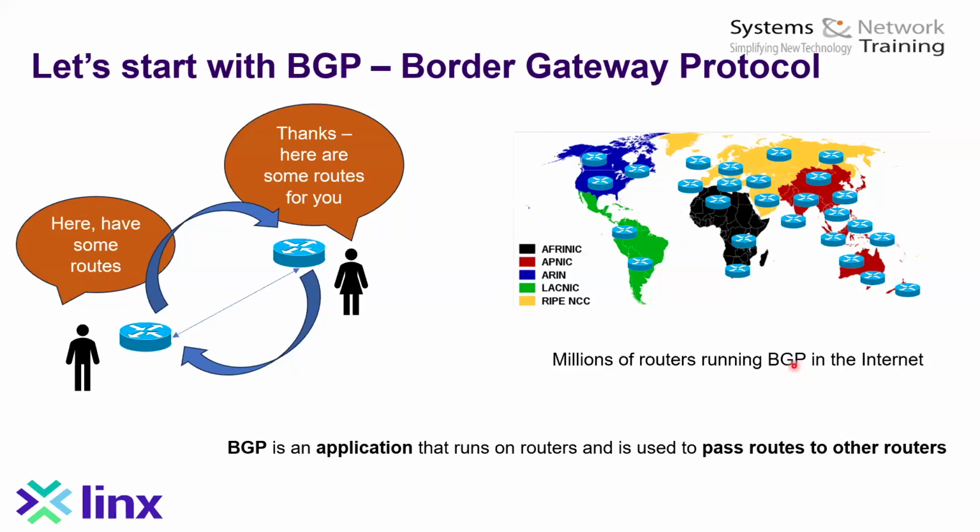Now, it's estimated that there are actually millions of routers running BGP in the world and interconnected on the internet, and they're sort of interconnected with links in a sort of partial mesh kind of way. And so those routers, they don't all belong to one organization.